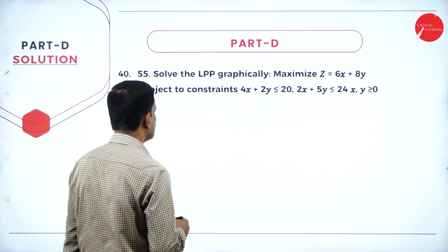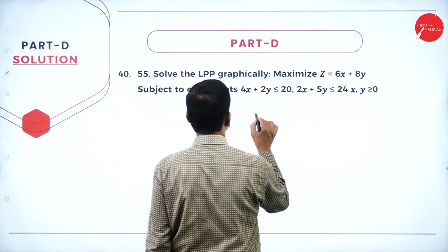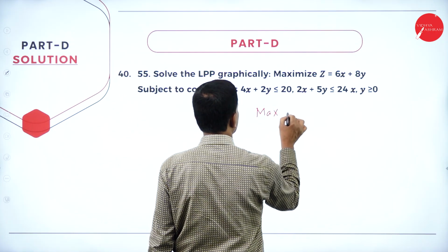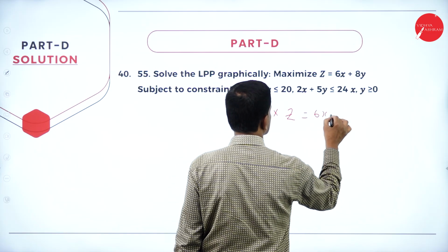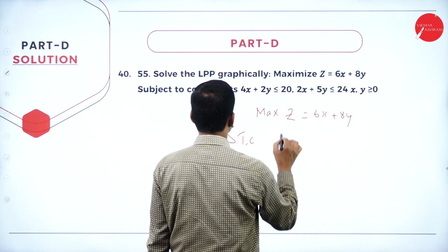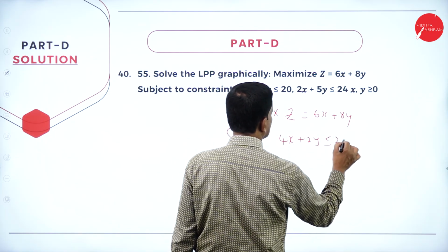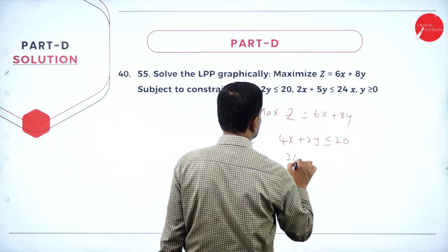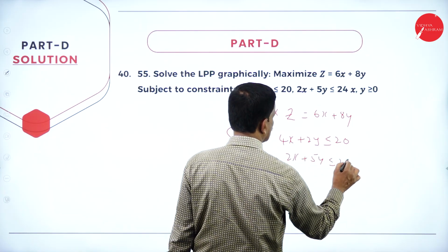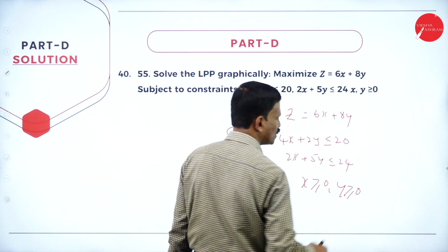Now, what is given? Let us convert the inequalities into equalities. What is the objective function? Max z is equal to 6x plus 8y subject to the constraints. What are the constraints? 4x plus 2y is less than or equal to 20, 2x plus 5y is less than or equal to 24, x is greater than or equal to 0, y is greater than or equal to 0.